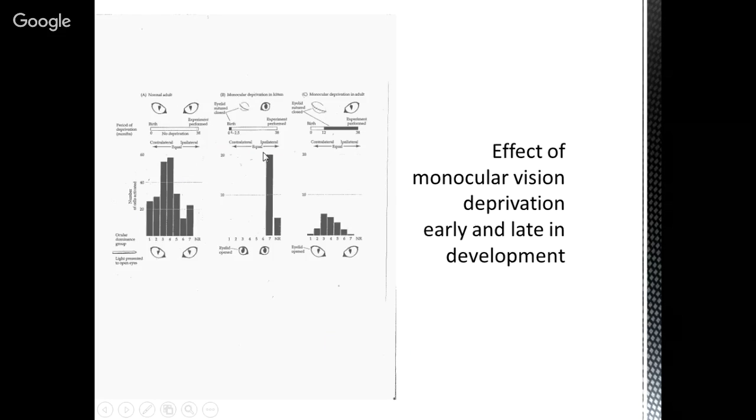Then when you cover one eye, you get a lot of ipsilateral response, and you get minimal response to the contralateral eye, which has been closed. And when you do this later in life, after I think it's 12 weeks, then you get much more of a normal bell-shaped curve.